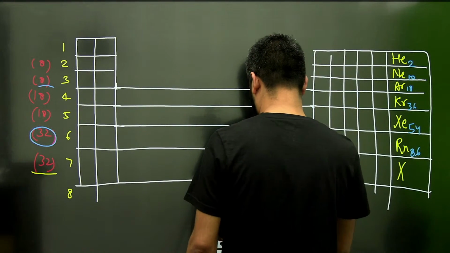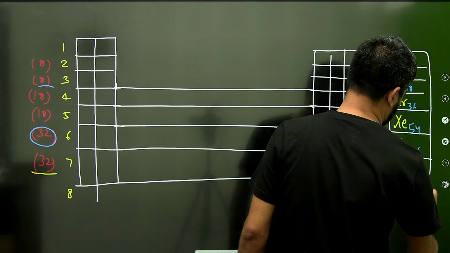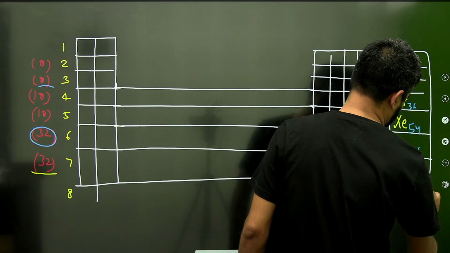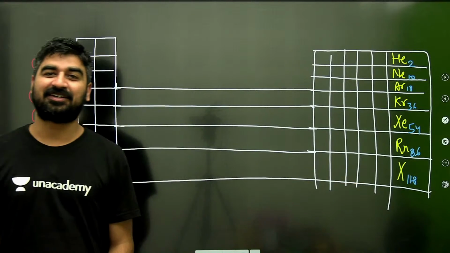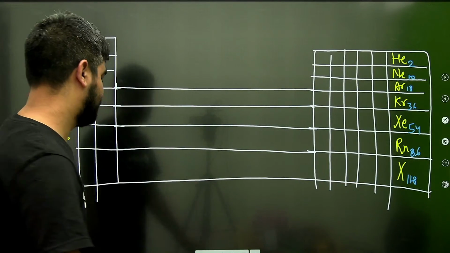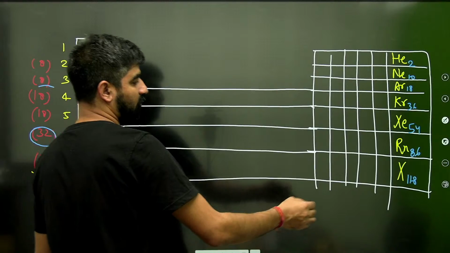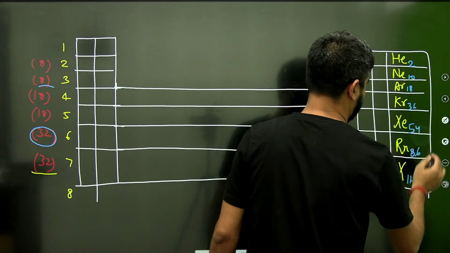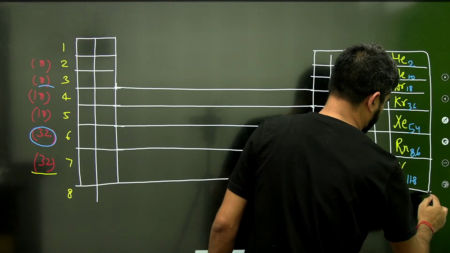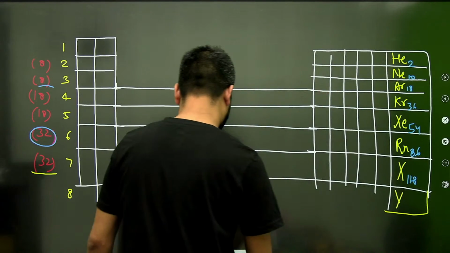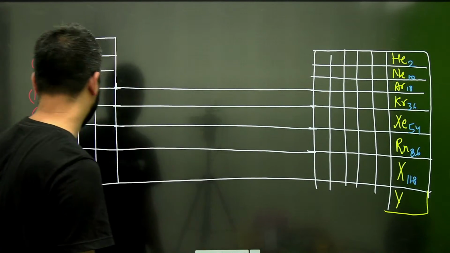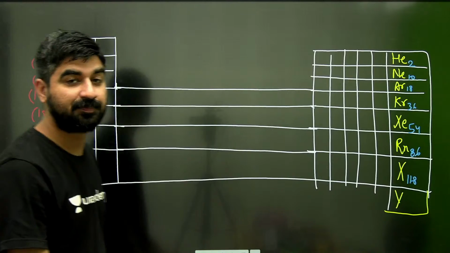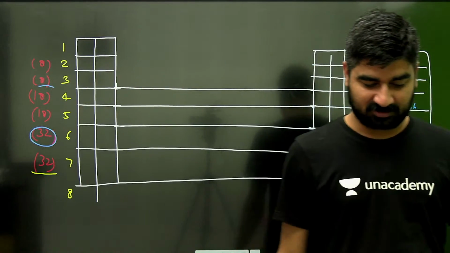So you can just say, sir, it would be 180. Just add 32, right? Similarly, if tomorrow we get another element, Y, in the 8th period, can you tell me what will be the atomic number of that element?